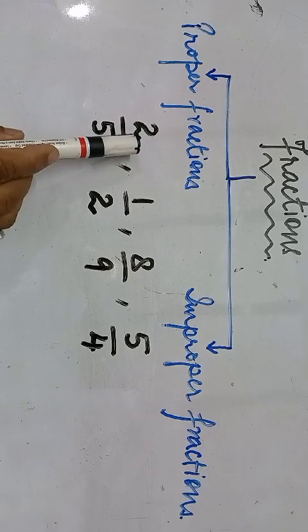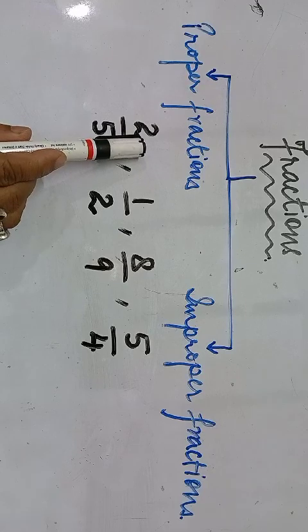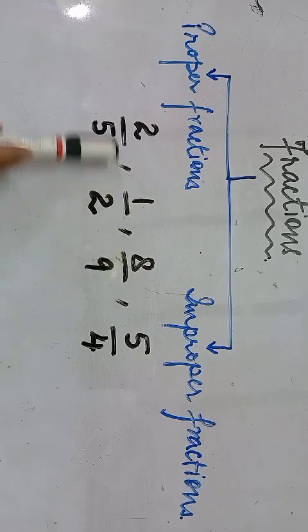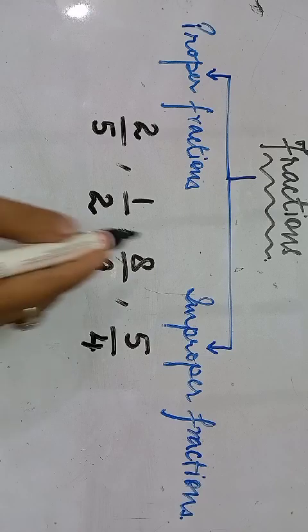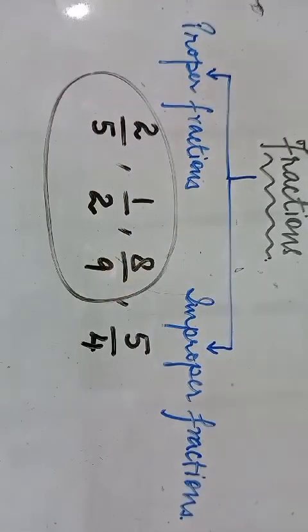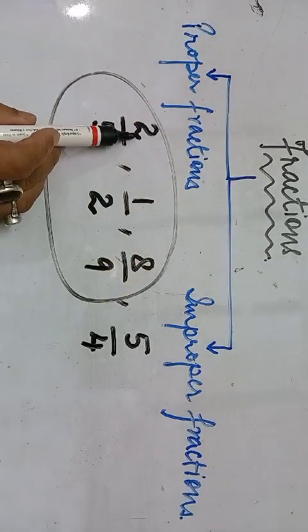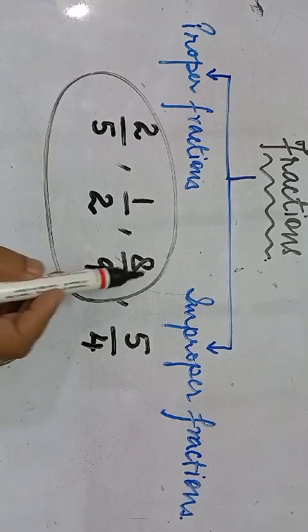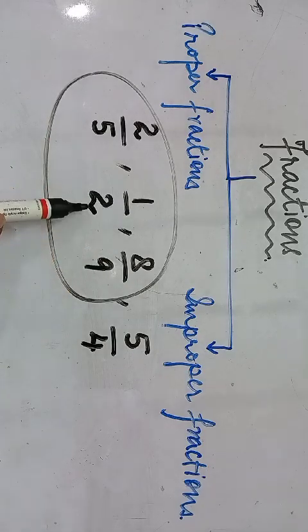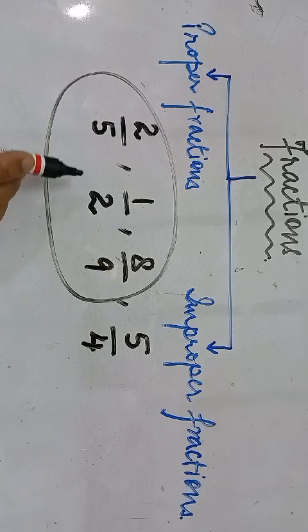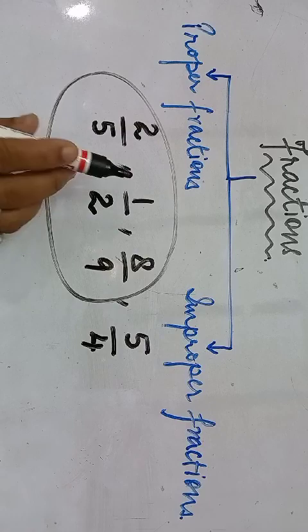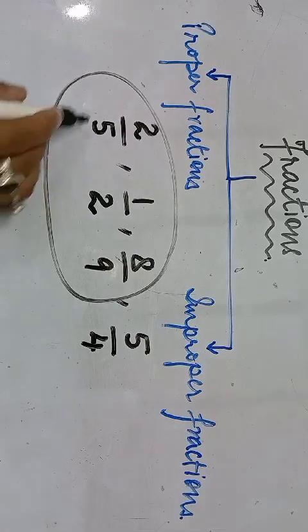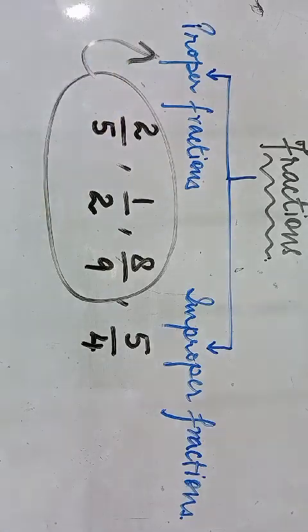So if you see here, the first three cases, children, you will find that the numerator is lesser than the denominator in all these cases. You see, 8 is less than 9, 1 is less than 2, 2 is less than 5. So any fraction in which the numerator is smaller than the denominator, such fractions are known as proper fractions.